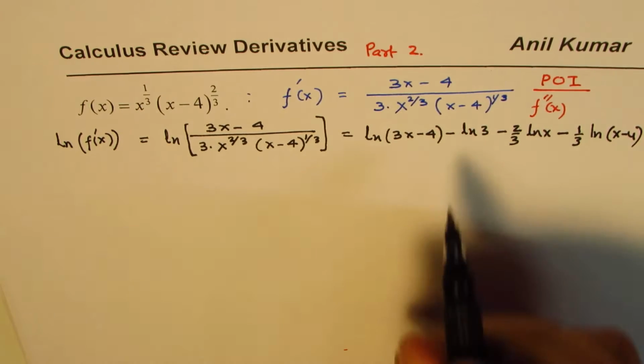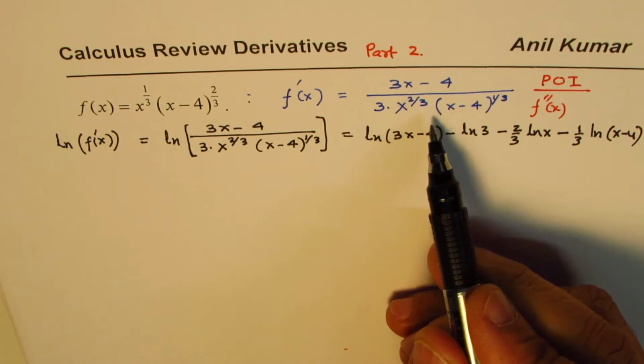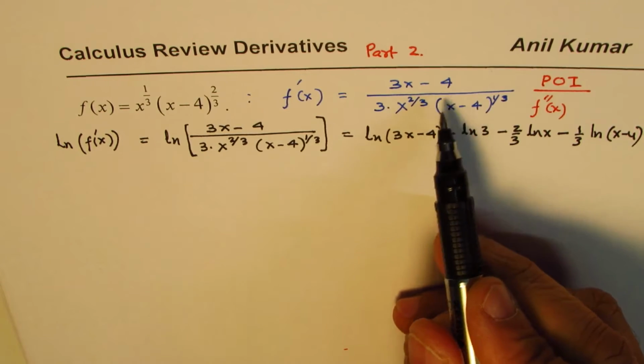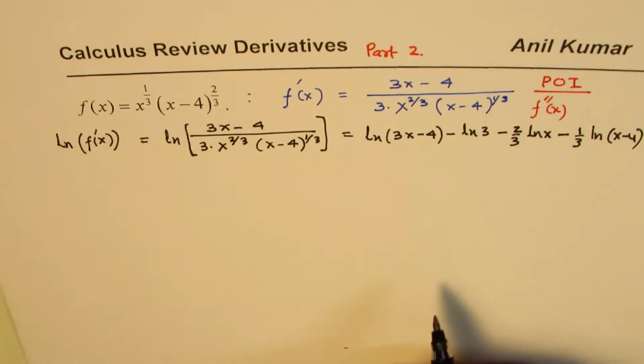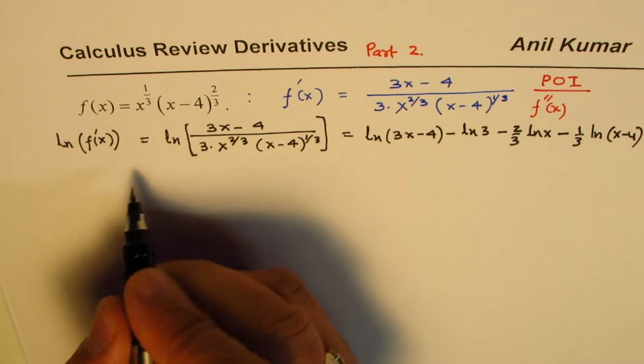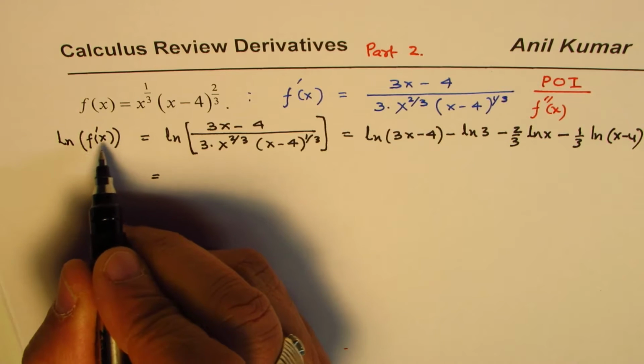So I hope this part is clear. And those of you who are finding this part difficult, you can continue with the quotient rule which you've learned, right? No problems. We did the product rule earlier in the first part, but quotient rule is very common. Okay. So when you take derivative of this, what do you get?